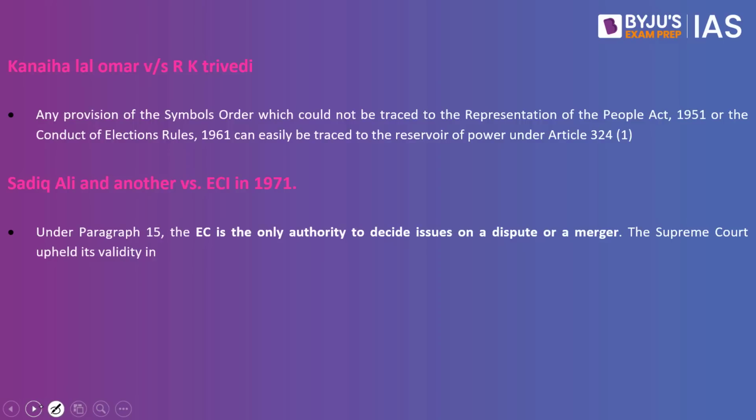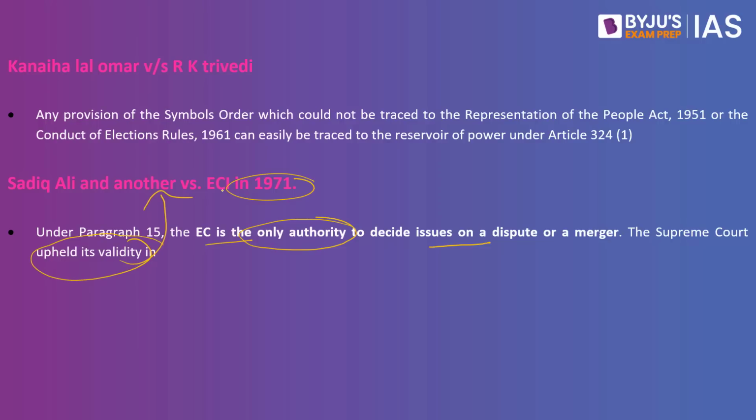A question was also asked to the Supreme Court of India. In Sadiq Ali and another versus Election Commission of India in 1971, the Supreme Court clarified that under paragraph 15, the EC is the only authority to decide issues on a dispute or a merger, and upheld its validity.